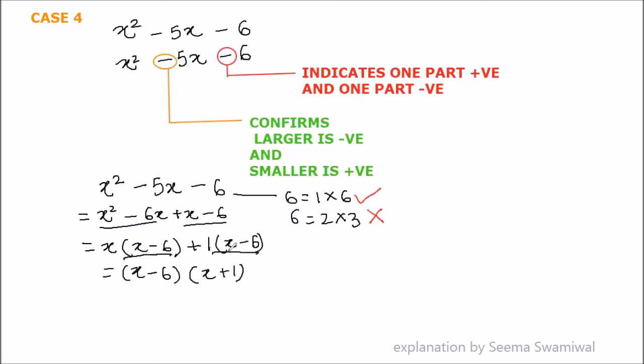So, children, we will take x minus 6 common. And with this term, we are left with x, and with this term, we are left with 1. So the other bracket, the other linear factor of this polynomial, is x minus 1. I hope now you will not face any problem in factorizing the quadratic polynomial.